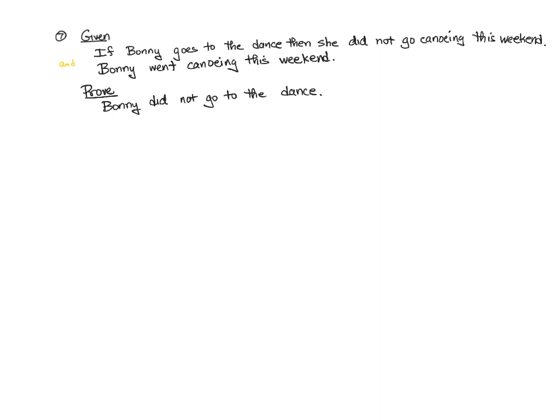Okay, so the first step in mathematics is to write a key, but the key is written in the following way. We'll pick letters for each simple statement. So let B represent Bonnie goes to the dance.